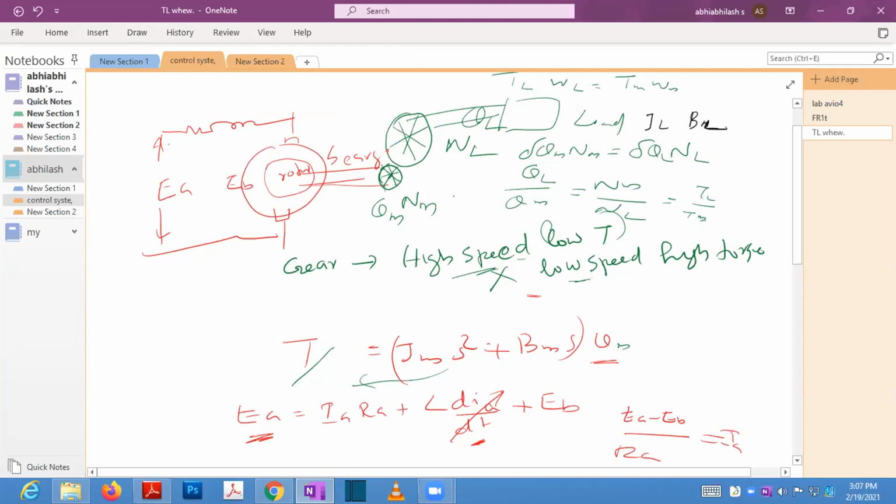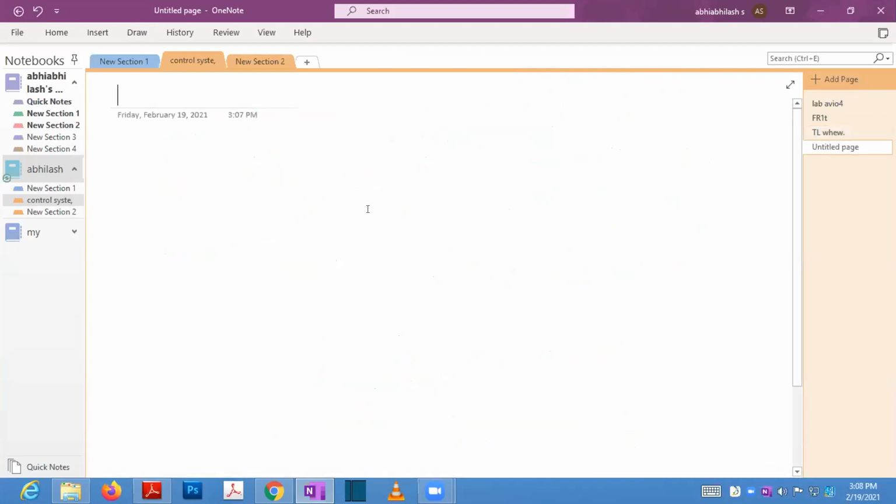This load having a moment of inertia of JL and that having a BL, and this theta L is the load angle.